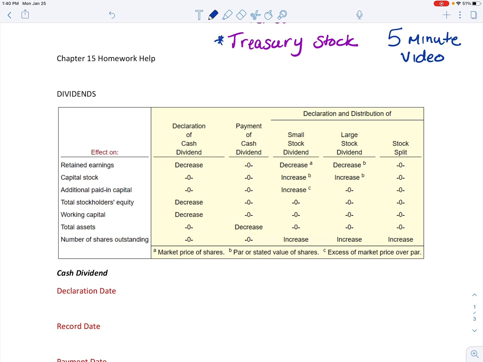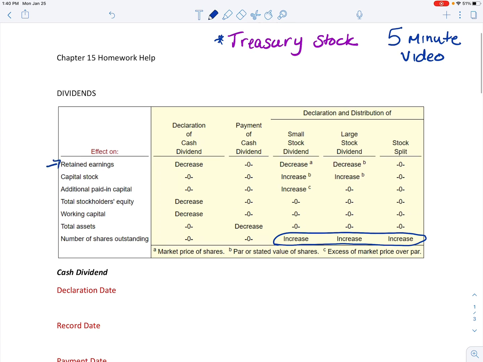First of all, every time we give stock out as a dividend, it's going to increase that number of shares. One interesting point is that this declaration of dividends, anytime we declare the dividend, it's going to affect our retained earnings.